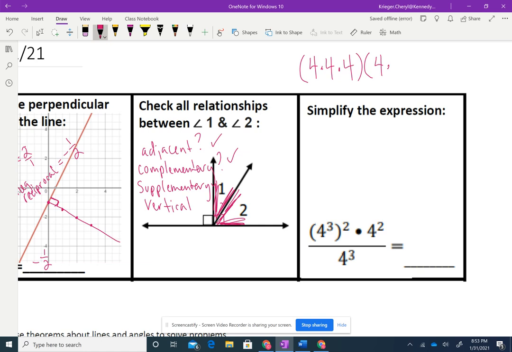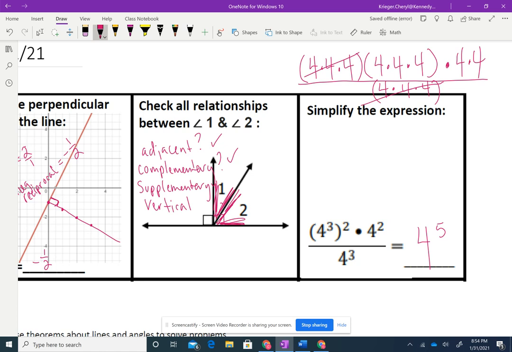So that's times 4 times 4 times 4. Okay, times 4 to the second times 4 times 4, all divided by 4 cubed. 4 times 4 times 4. Well, if we have 3 4s below, we could cancel that with 3 4s above, and we have 4 to the 5th left over. We have 5 4s left.